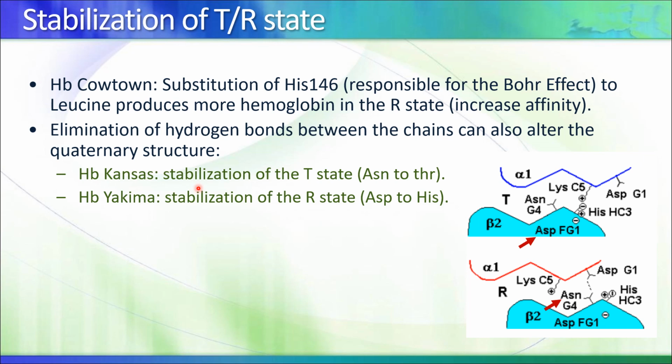Contrary to that, you have a condition known as HB Yakima, where you have stabilization of the R state that results from a change of this aspartate to histidine. So you don't have this interaction that stabilizes the T state. Rather, the equilibrium changes to the formation of the R state. So in HB Yakima, you have stabilization of the R state.